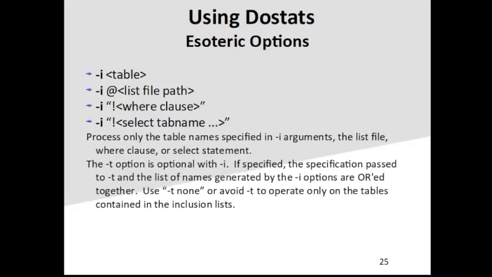If you have a dash I option, you don't normally need a dash T option. If you specify both, the tables listed by dash T and the ones included by dash I are ORed together. You can also do dash T none, a special case where dash T doesn't do anything and it just uses whatever's in the include list.